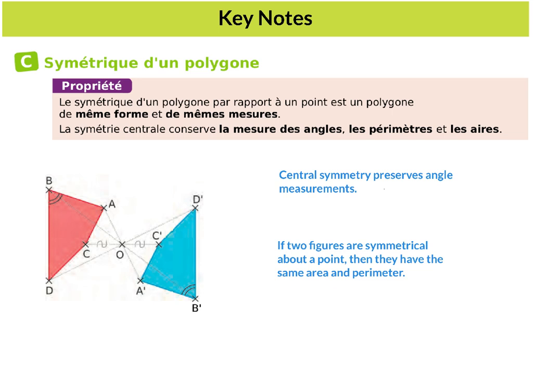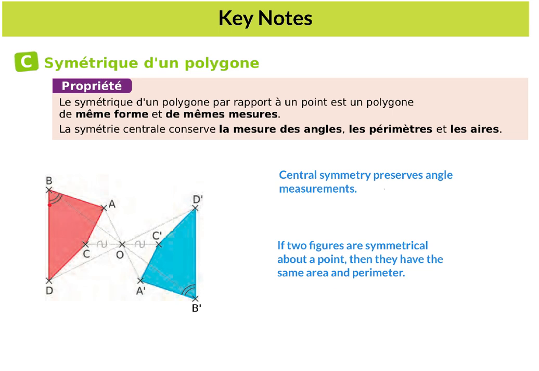Next one here, we have two identities here. We have the central symmetry preserves angle measurements, and if two figures are symmetrical about a point, then they have the same area and perimeter. So if we look at our two shapes here, we have A, B, C, D, and A prime, B prime, C prime, D prime reflected through point O. All the measurements, all the lengths obviously are going to be the same, but the corresponding angles are also the same.